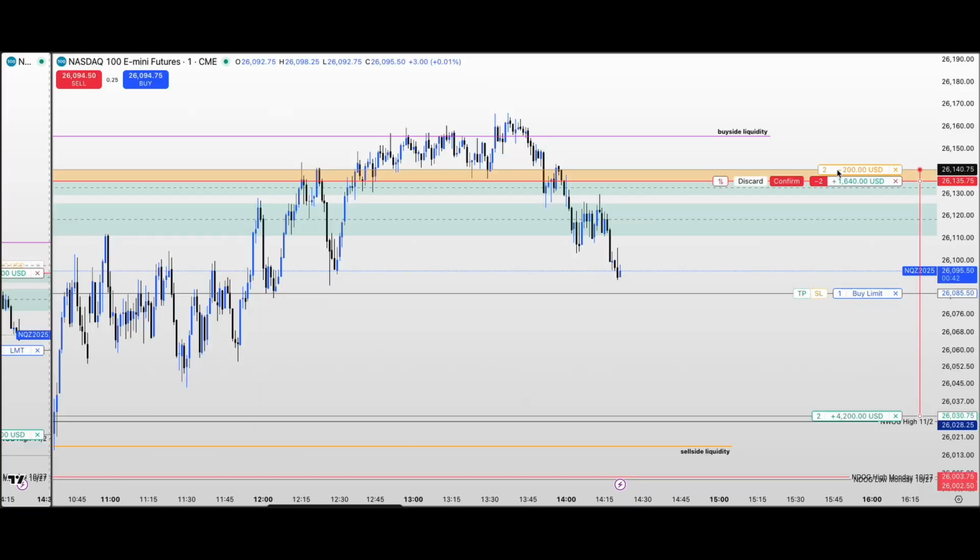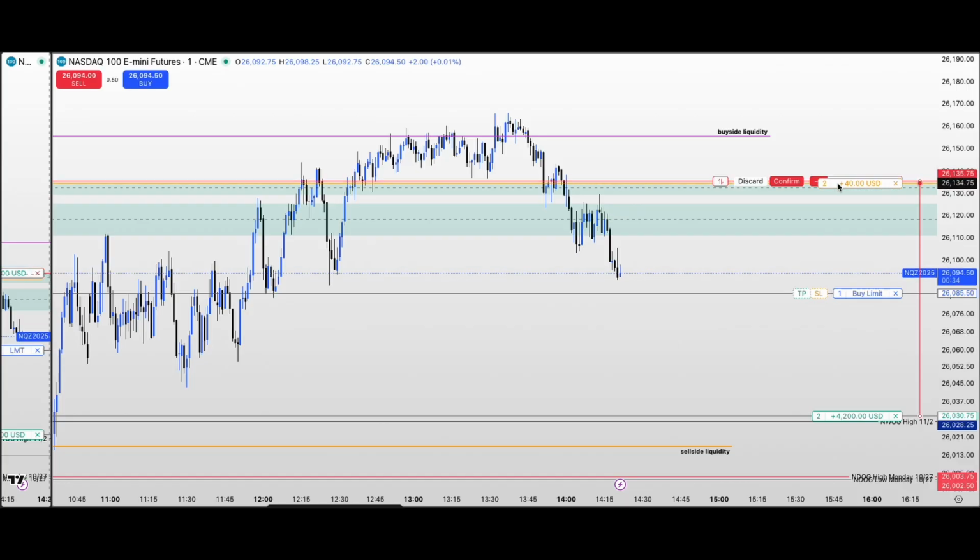And I'm going to move it to break even now as we approach this minor sell side here, right above the consequent encroachment of the gap.